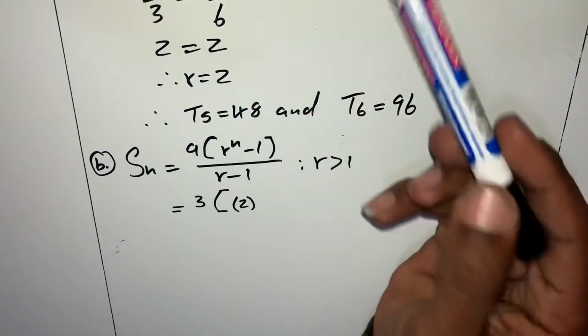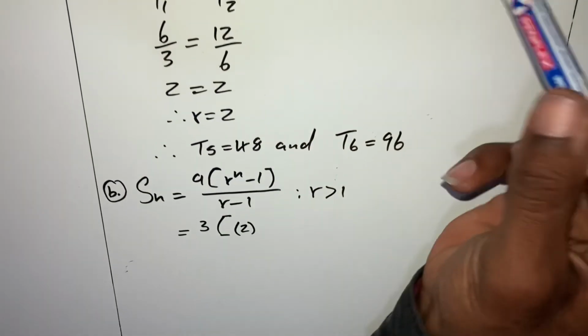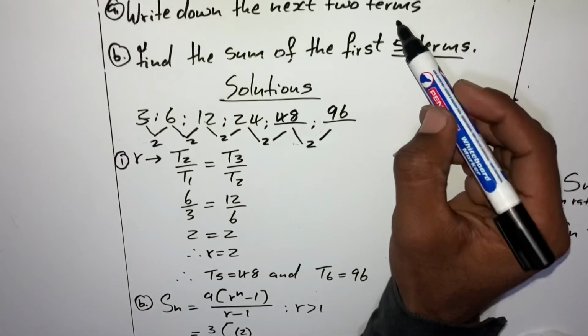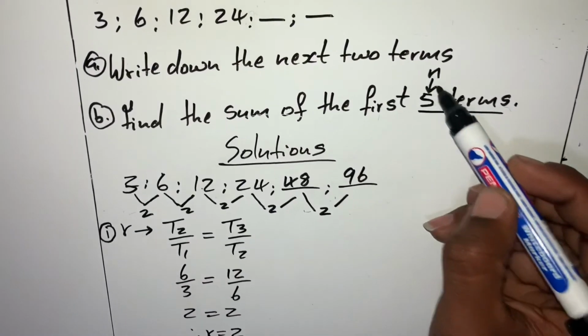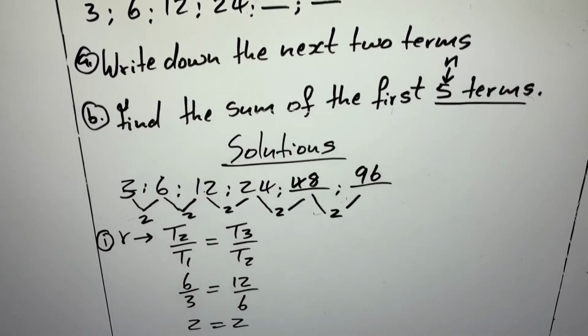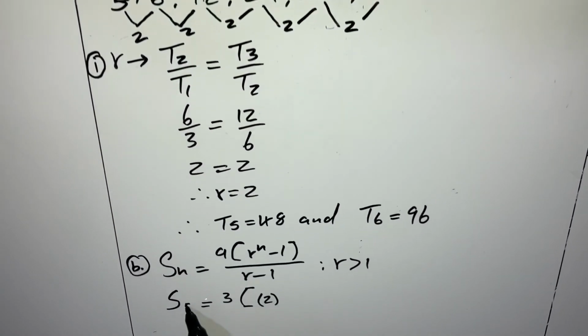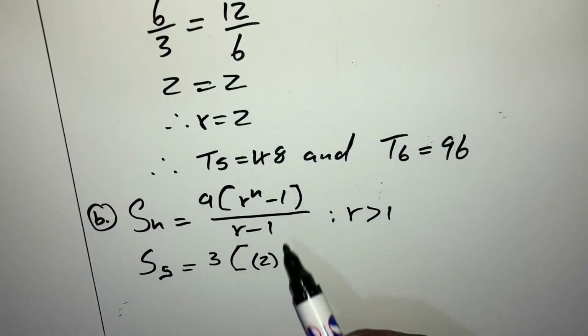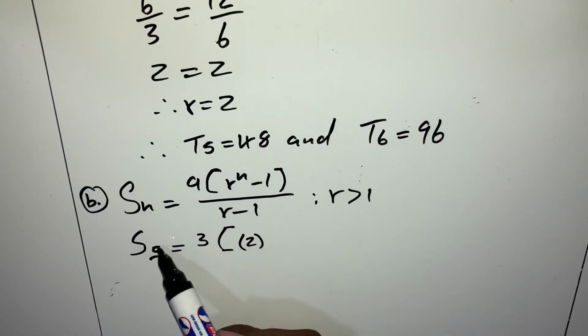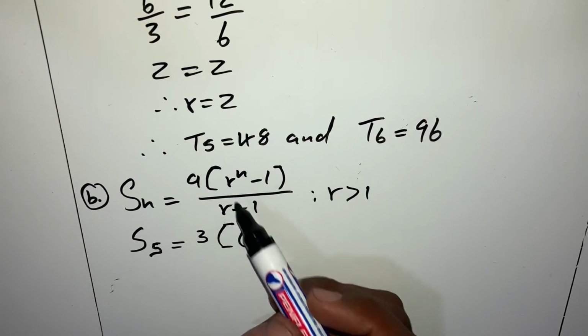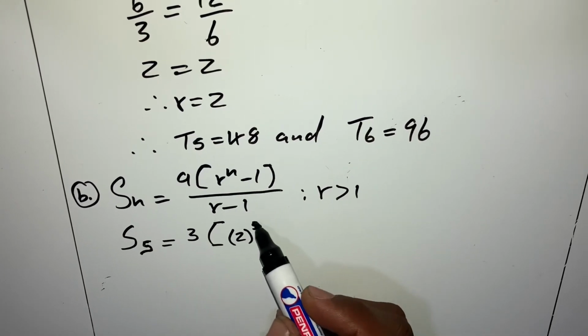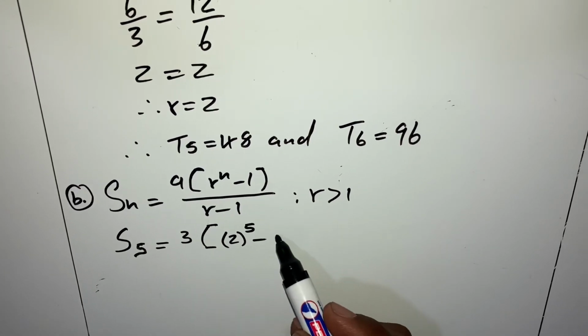Going back to the question, find the sum of the first 5 terms, making our n to be 5. So here we are finding the sum of 5 terms. Where there is n, I place the 5. Same goes here, here's my n. I'll place a 5 minus 1.